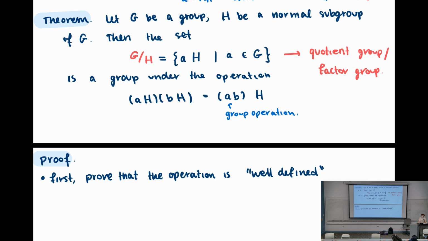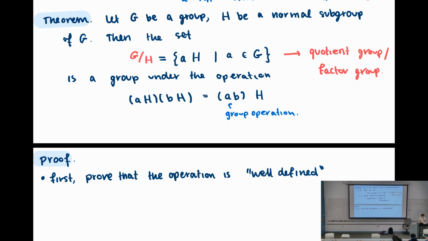And what this means is there are multiple ways to represent this same coset. So I need to show that it doesn't matter how I chose to represent this coset.